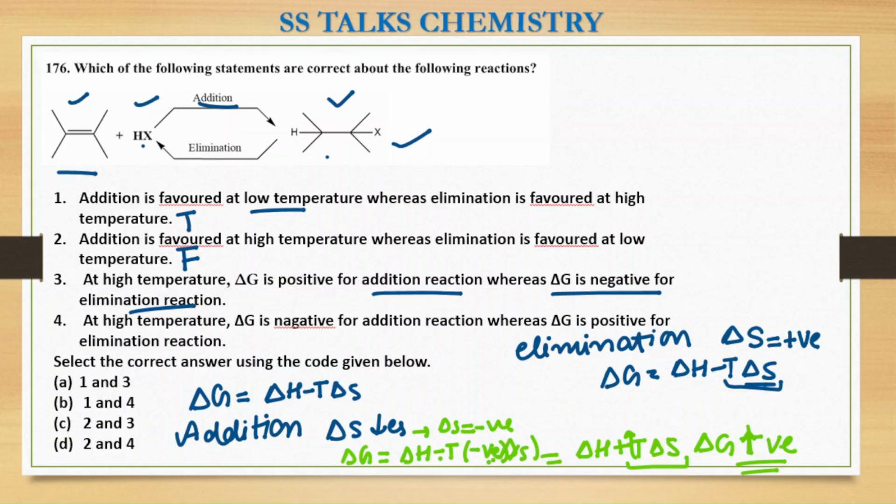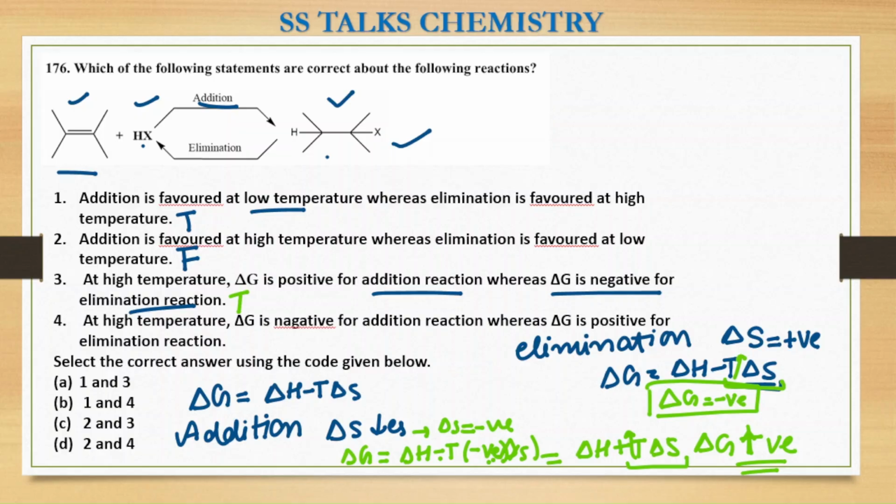At high temperature, as the temperature increases, the T delta S value increases, which means the negative term is increasing, so overall delta G is going to be negative. So for the elimination reaction this is negative, and for the addition reaction this is positive. That means this statement is the true one.